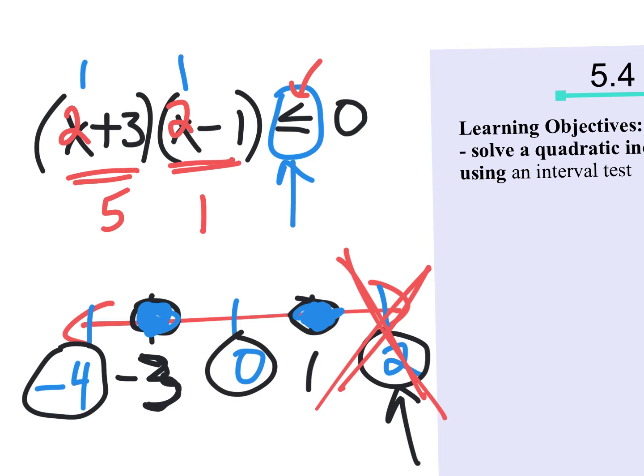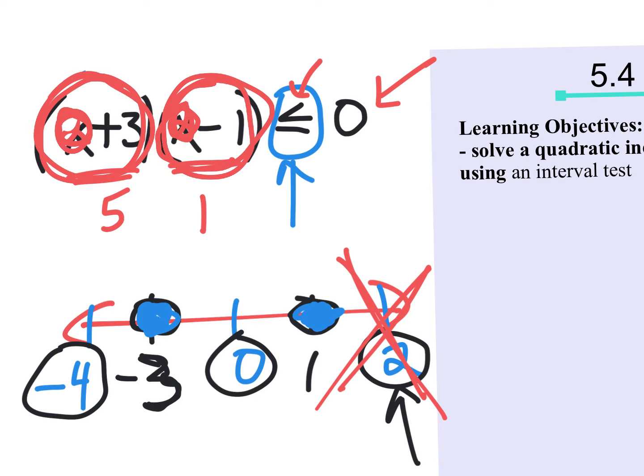So let me show you the fast way to test 0. You put in 0, sir. Well, yeah, that's true, but here's the fast way to do it. If I put in a 0 here and I put in a 0 here, because I set it equal to 0, all that matters is: is this going to come out positive or negative? Is this going to come out positive or negative?